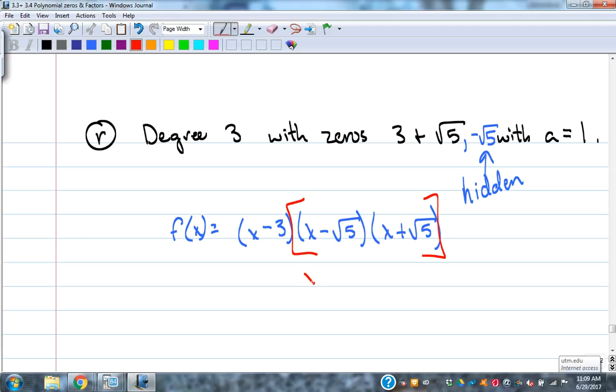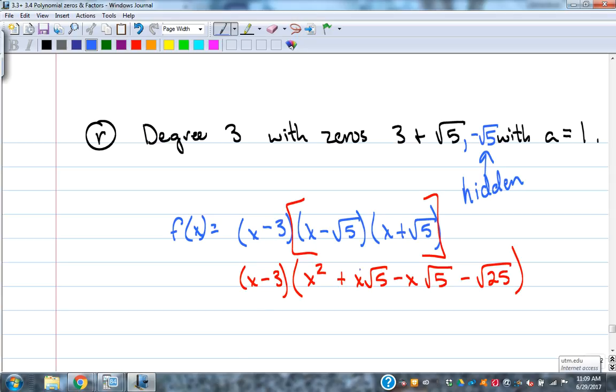Okay. So I'm going to multiply those two together. So x times x is x squared. X times the square root of 5 would be x square root of 5. And then negative x square root of 5. And then negative square root of 25. See what I mean? The radicals will go away.